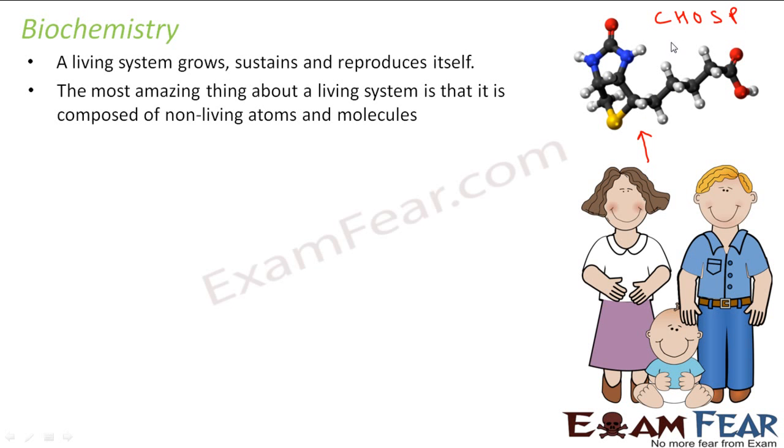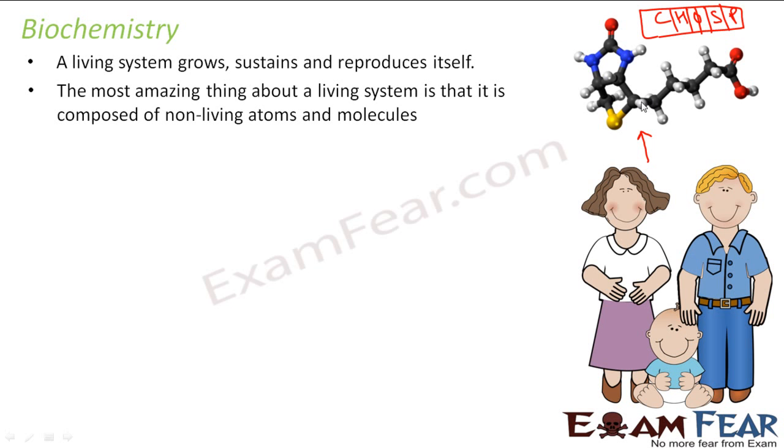They are big polymers of these elements, right? So the beauty is that human beings are living organisms. They have the ability to grow, sustain and reproduce itself. But the building block of the human being is a non-living compound, nothing but carbon, hydrogen, sulfur, phosphorus. They combine to form long chains and we call them biomolecules.